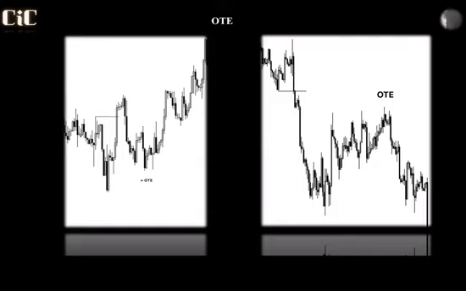But the good thing is, and I digress from that little mini rant, the OTE is a lot more simplified version, which is easier to understand, as you'll see right now, which is basically low, high, low, right? So you have a low, you have a high, you have a lower low, and then you have a higher high, which closes above the high that broke the low.